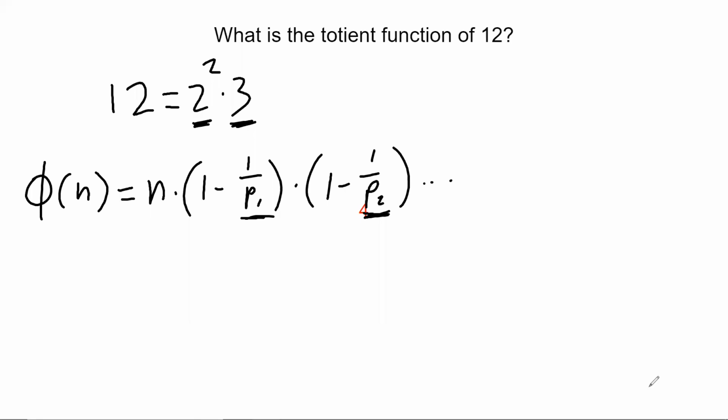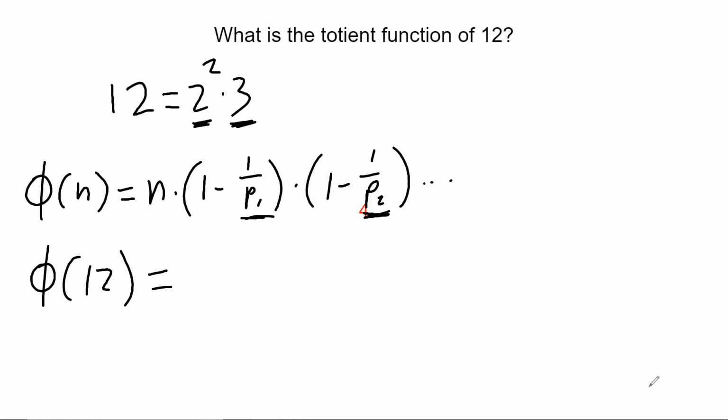So can anybody give me an expression for phi of 12? Okay, good.